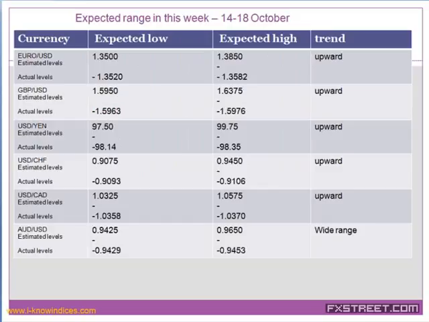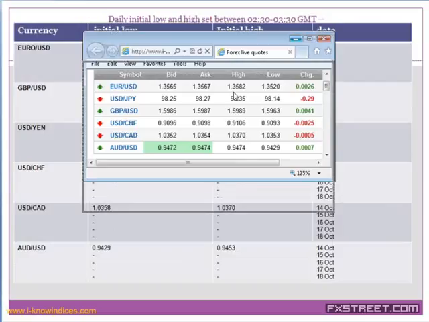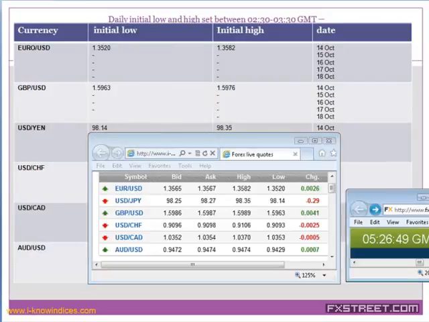Now coming to the market reading. Even though the market appears very sluggish at the moment, you find that Euro formed the low 1.3520 and 1.3582 is not breached. And GBP has formed 1.5963 as the low, 1.5976 is the initial high. Then they have cut the initial high and are staying above, making about 41 pips positive net change.